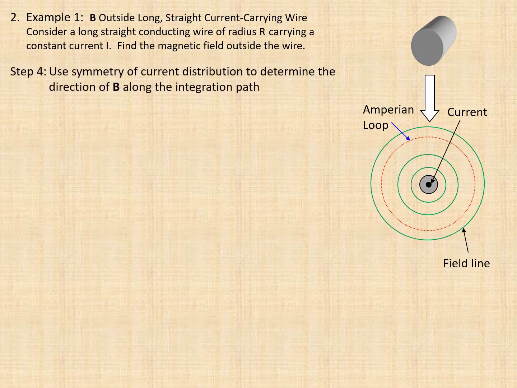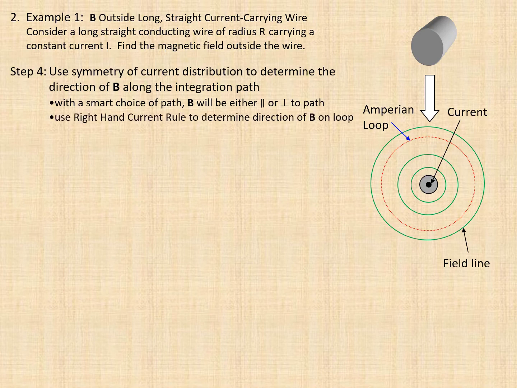Alright, so the next step is to use the symmetry of the current distribution to determine the direction of the magnetic field along the integration path. In general we say that a smart choice of path will always make the magnetic field be parallel, anti-parallel, or perpendicular to the path, and we can see here that that is indeed the case.